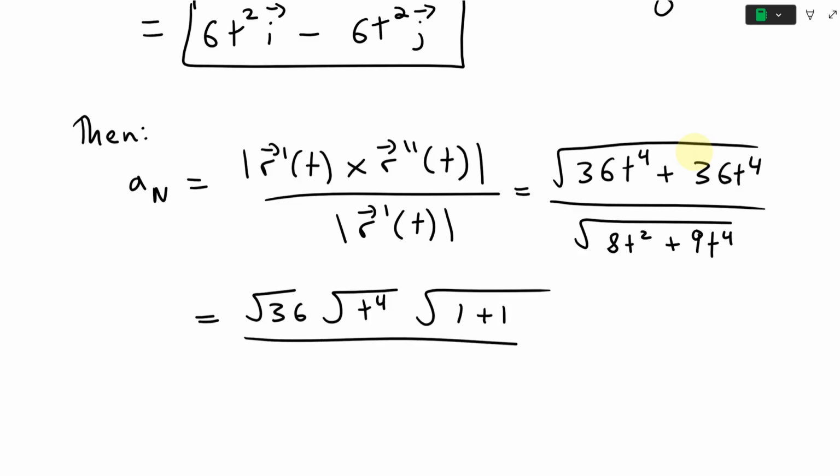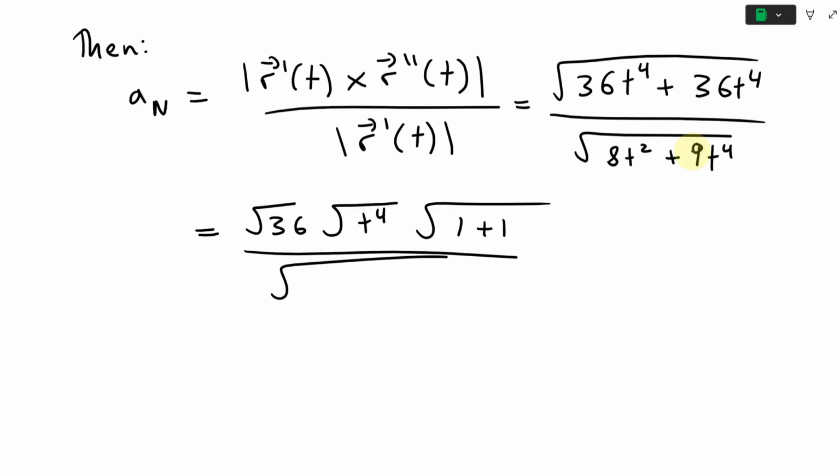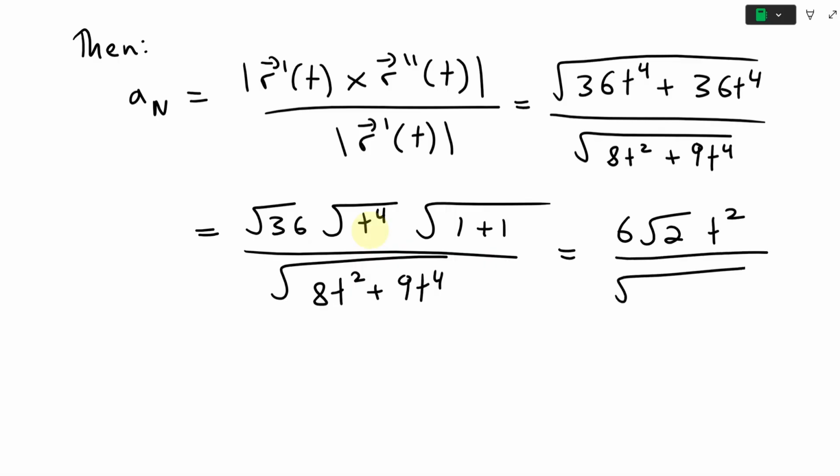Then divide this all out by the square root of 8t squared plus 9t to the 4. Lastly, the square root of 36 is 6, and I'll put the square root of 1 plus 1, or square root of 2, in front. The square root of t to the 4 is just t squared. Then divided by the square root of 8t squared plus 9t to the 4.